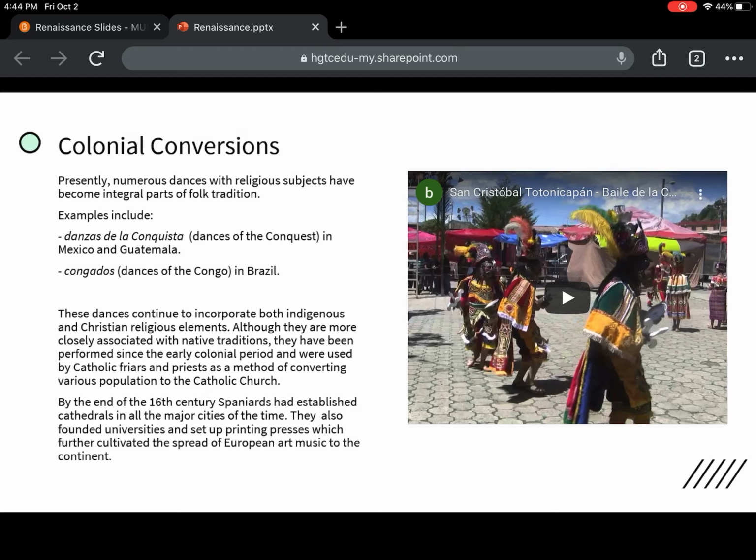By the end of the 16th century, Spaniards had established cathedrals in all the major cities in their territory. They also founded universities and set up printing presses, which further cultivated the spread of European art music to the continent. And moving forward, we do see, in Brazil in particular, but all through Latin America, a proliferation of European styles of writing music.